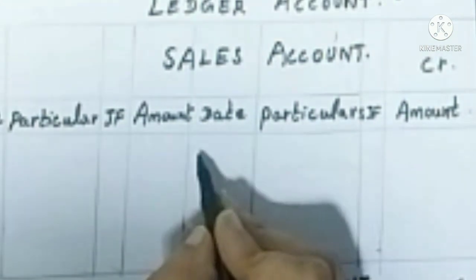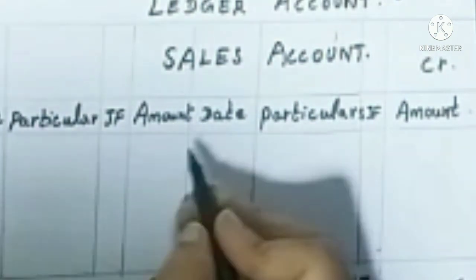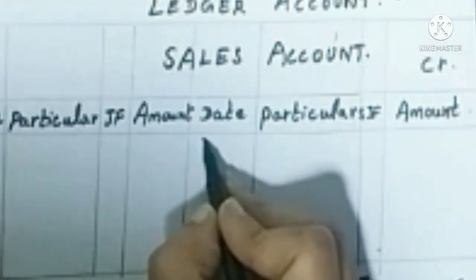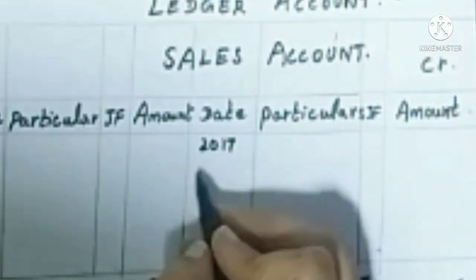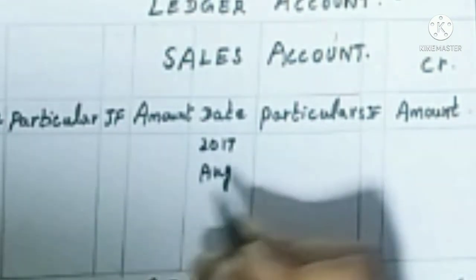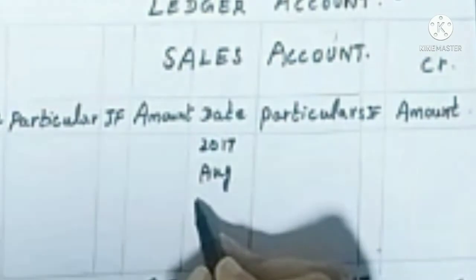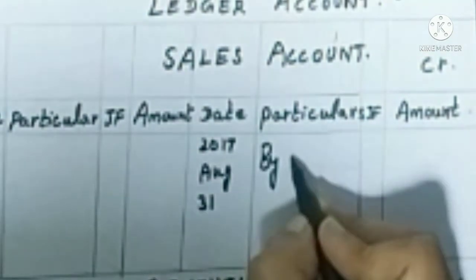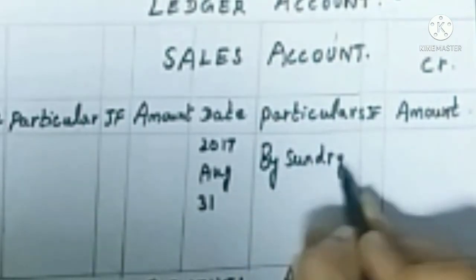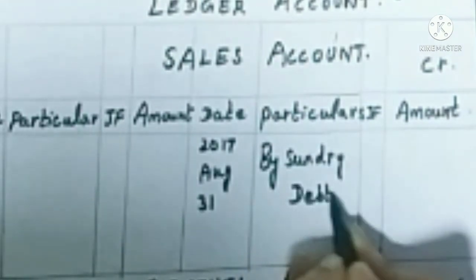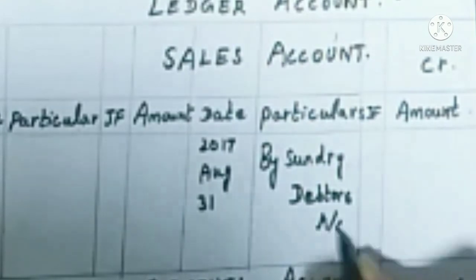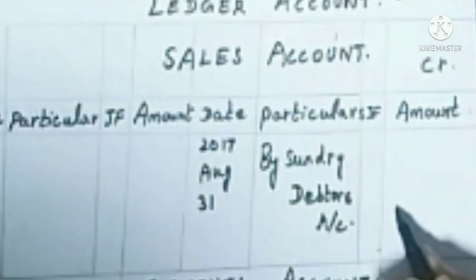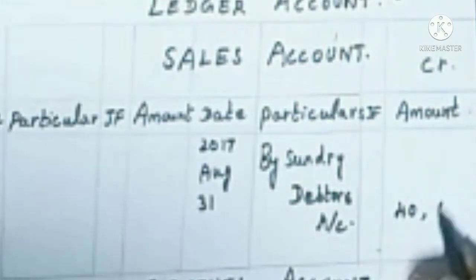Remember, we have to write the end of the month, that is 2017 August 31, by sundry debtors account. Amount is rupees 40,800.